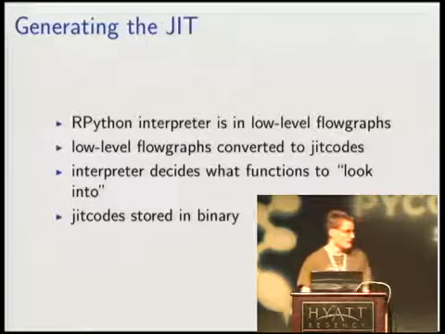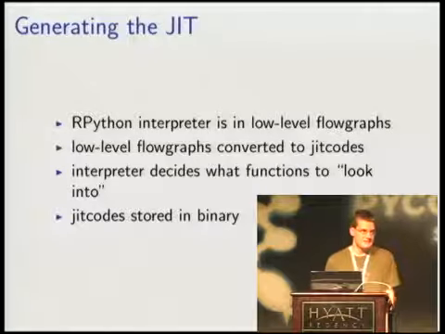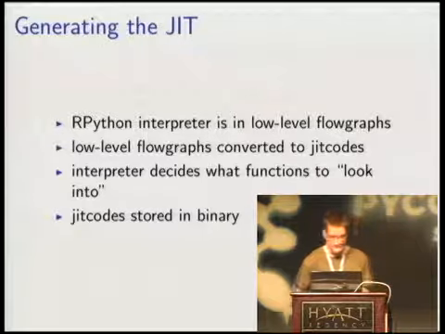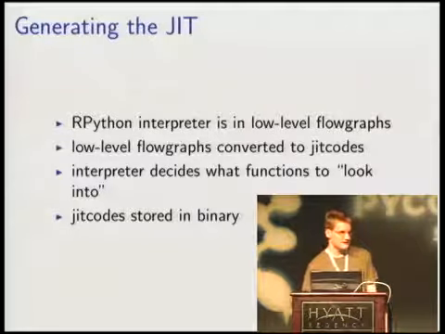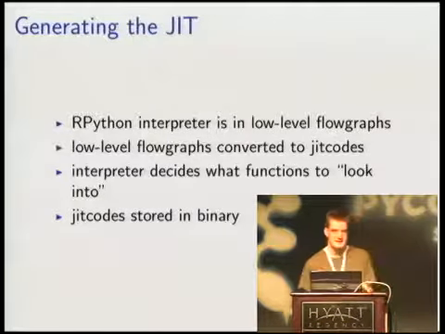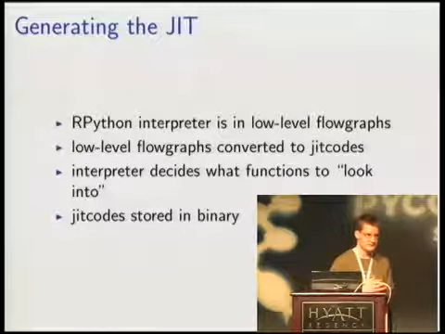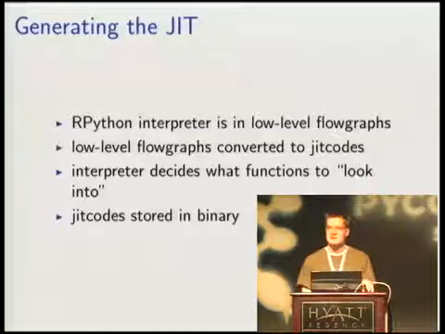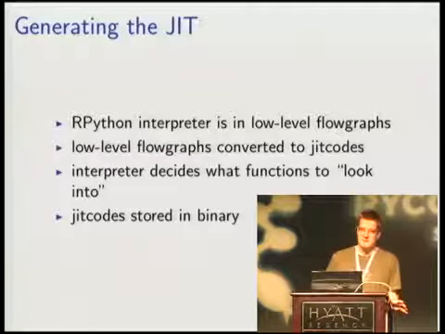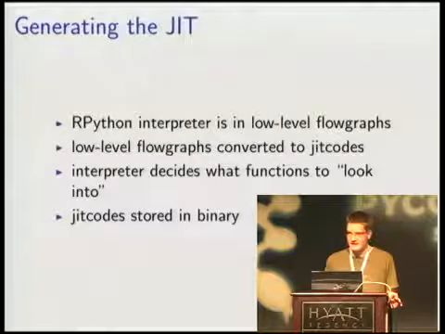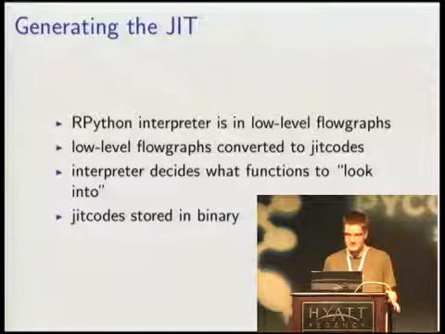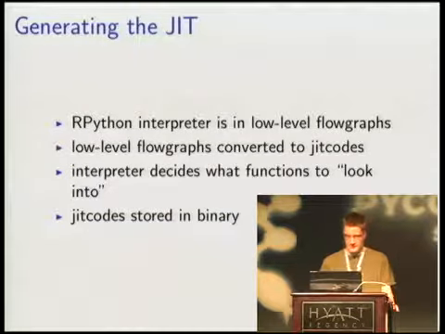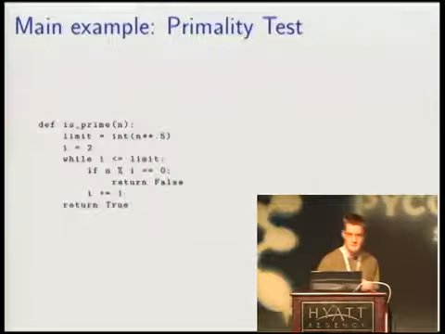With this flow graph description of the interpreter, the JIT generator serializes them into a representation which we can write into the binary. So at runtime we'll have a description of the interpreter in terms of the serialized representations of the flow graphs, which we call JIT codes. We'll see how those are used.